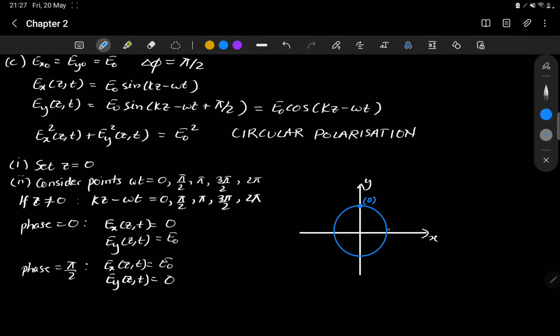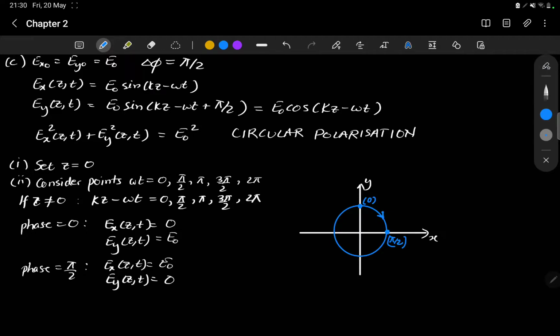We go to this side. Then for phase equal to pi by 2, we come to this point. So our direction or handedness is like this. This is clockwise direction.